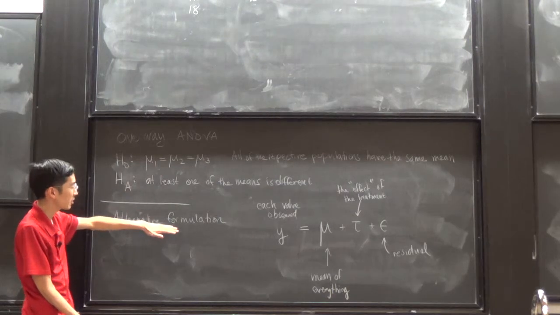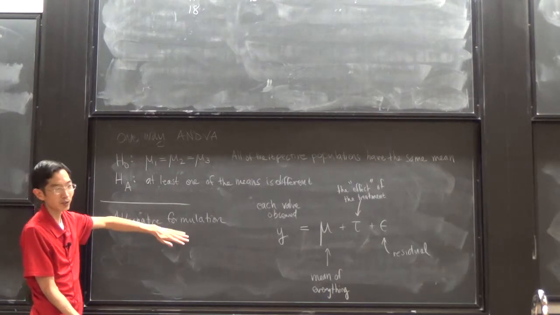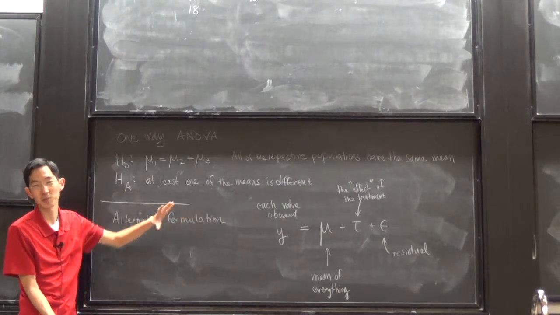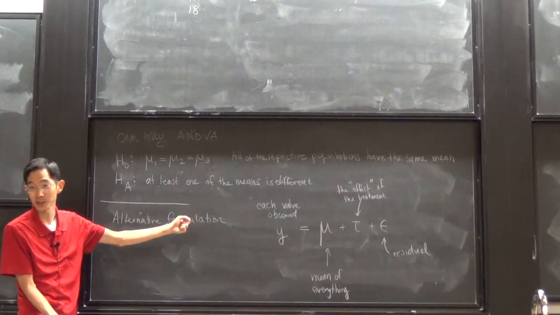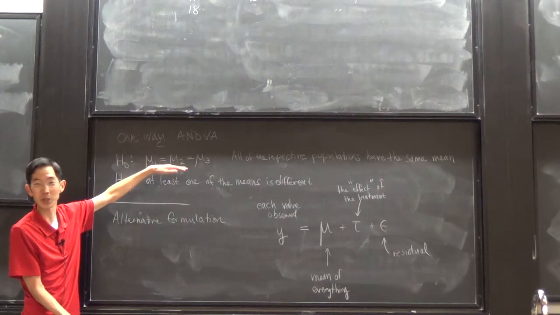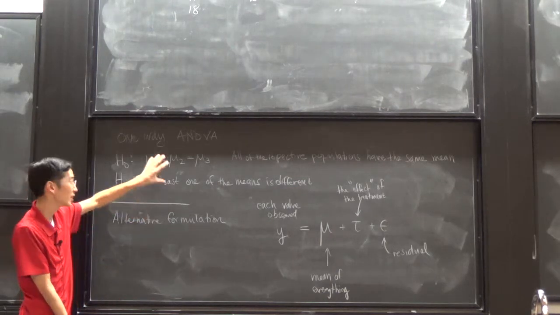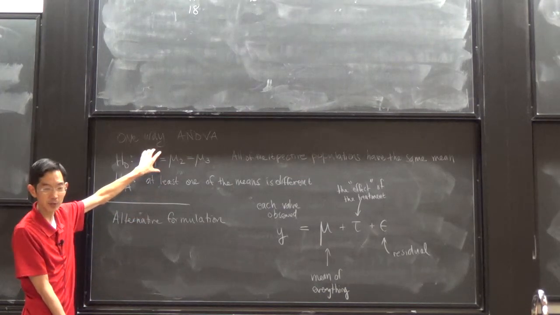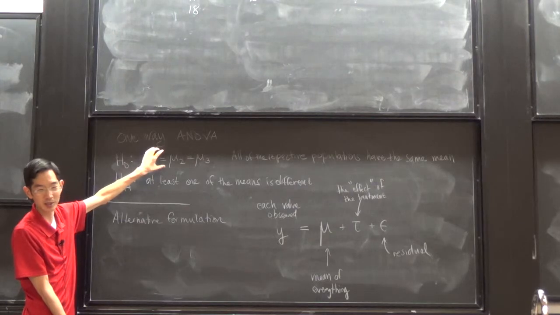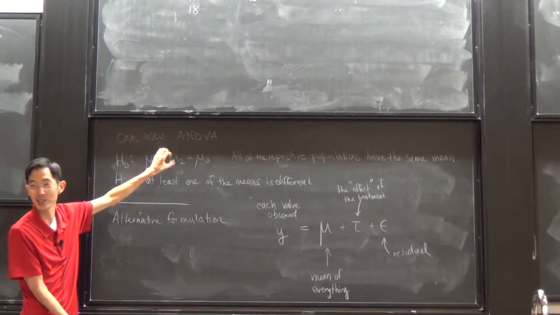We have this alternative formulation for situations more complicated than one-way ANOVA. With one-way ANOVA, this works, okay? But with more complicated forms of ANOVA, this simple formulation starts to get more messy.